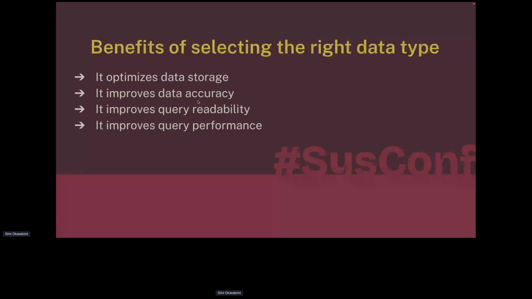So in the end, the person reading it doesn't understand what that query is trying to do, especially if you're not using an ORM, an object relational mapper. So improving query readability starts by storing data in the right data types.